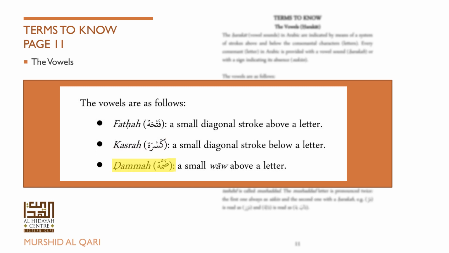And dhamma means to push. And a dhamma is a small vowel above a letter. And when we're saying the dhamma, what is happening? We are pushing our lips forward to pronounce the sound correctly. So when a person says buh, his lips are being pushed, and a person cannot pronounce the dhamma correctly without him pushing his lips forward.